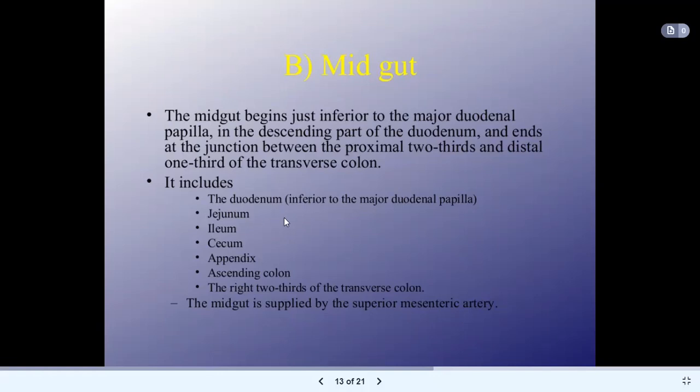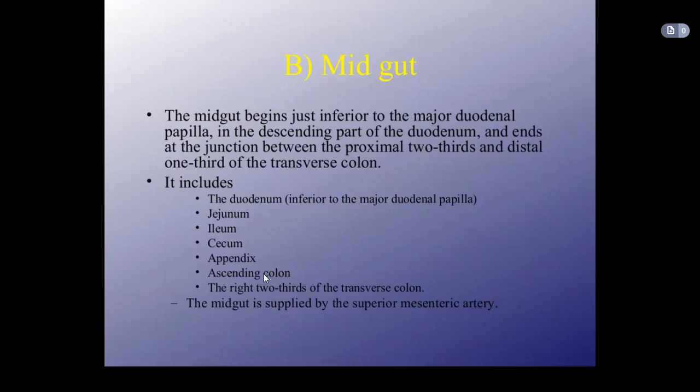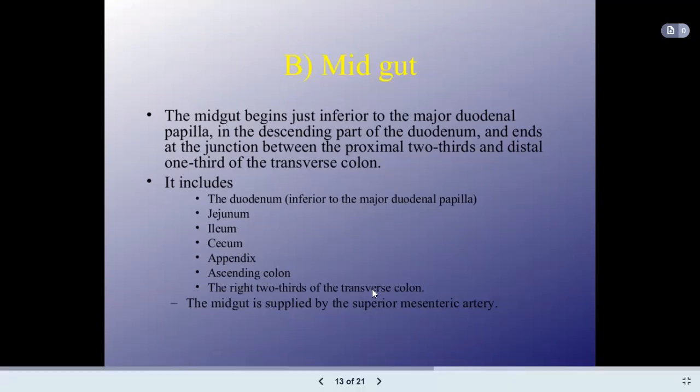We'll have the jejunal arteries, the ileal arteries, the cecum and appendix supplied by the iliocolic artery, the ascending colon supplied by the right colic artery, and the right two-thirds of the transverse colon supplied by the middle colic artery.